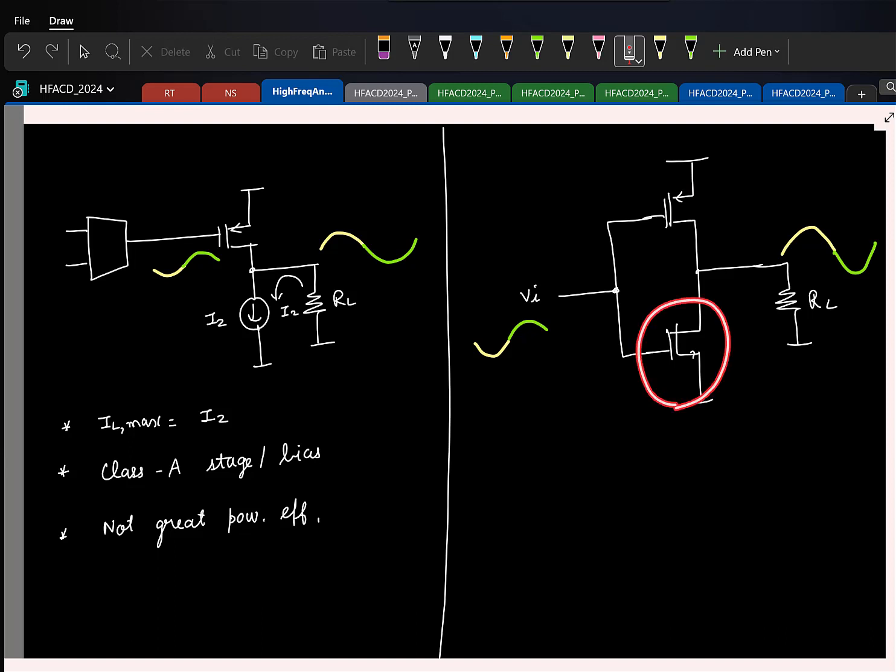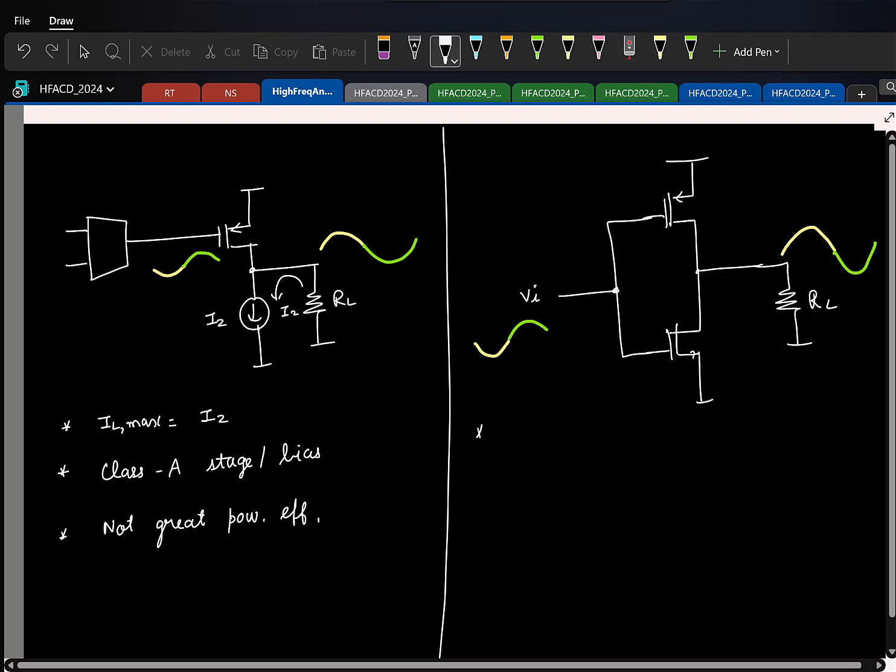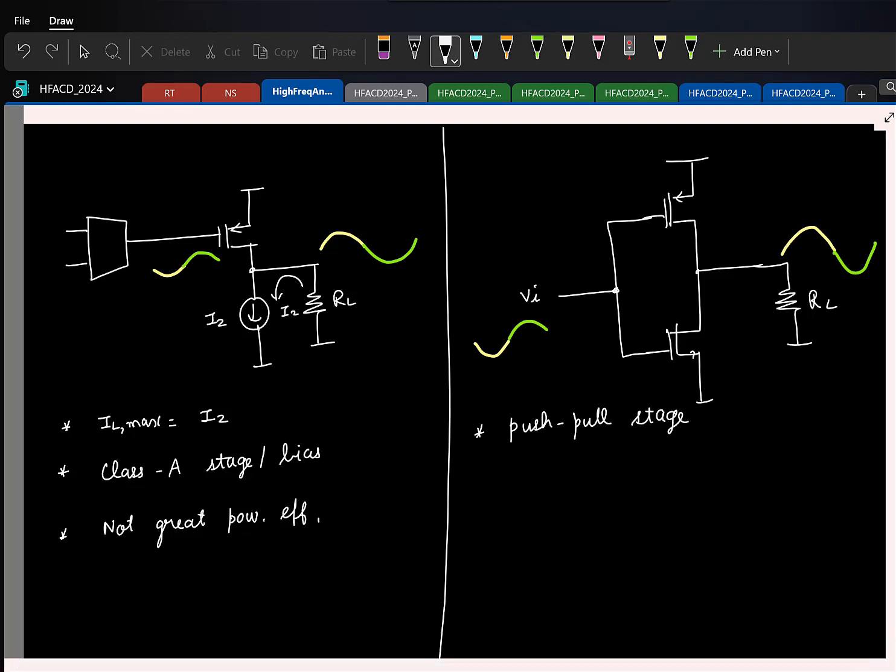The NMOS will take charge. It will nicely sink the required current, and the output here can go to 0. So this kind of stage is called a push-pull stage for obvious reasons, because it can push and pull current to and from the load, and this is called a class AB stage.